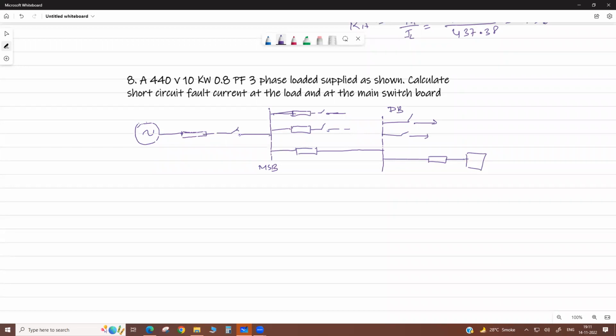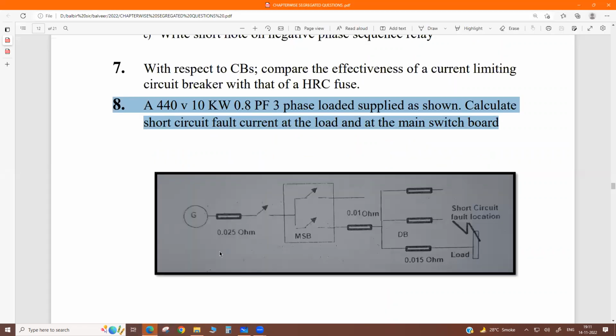So now, in the normal case, it is fed. Here different values are given: 0.05, then 0.01, then 0.015.